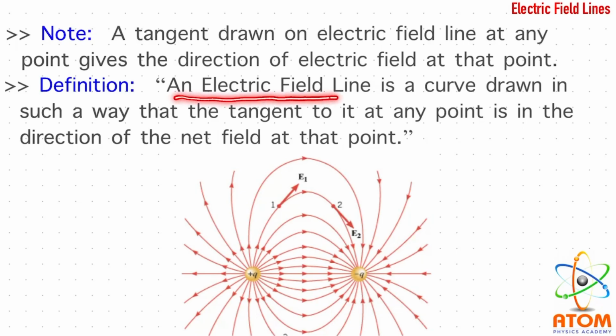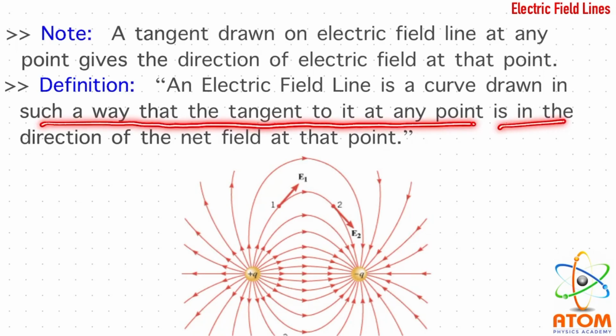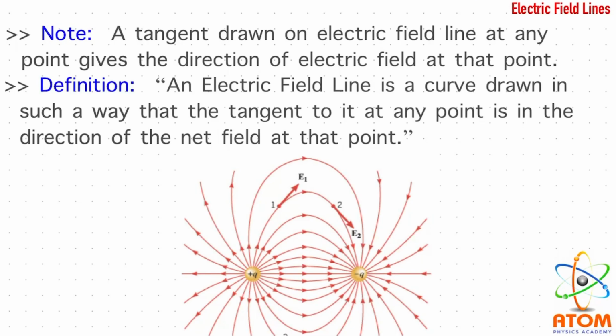Now we can understand this definition by this note only. An electric field line is a curve drawn in such a way that the tangent to it at any point is in the direction of the net field at that particular point. What is it saying?